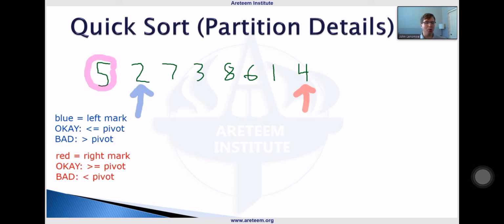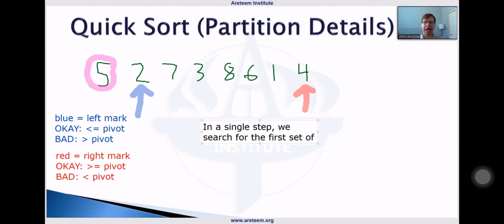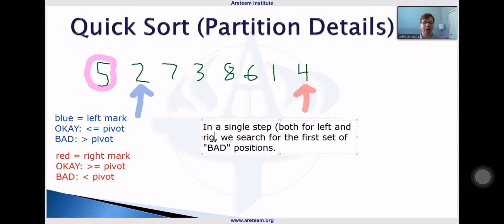So during a single step, we search for the first set of bad positions. What do I mean by this? We search both for the left and right marks.